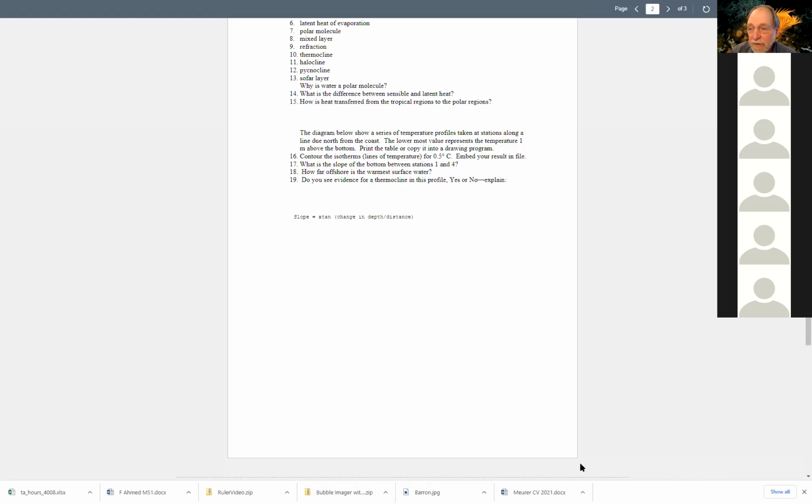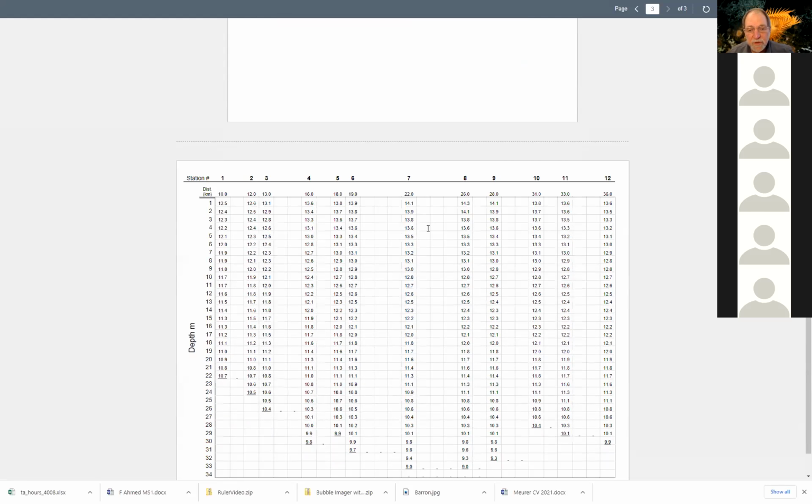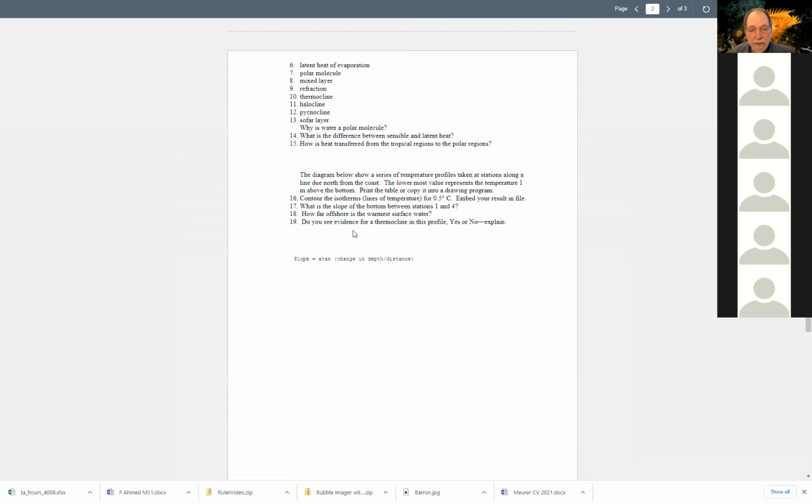So it's a very, very gradual slope, okay, relatively flat. All right. How far offshore is the warmest surface water? Well, the warmest surface water is at about 14.3 degrees. So the distance offshore would be 26 kilometers here.